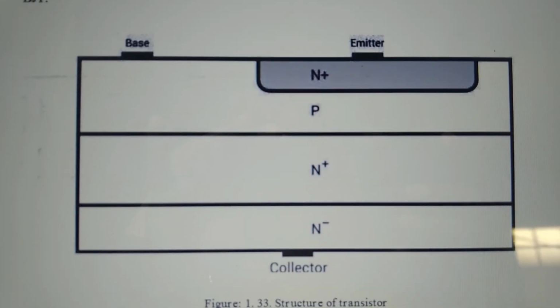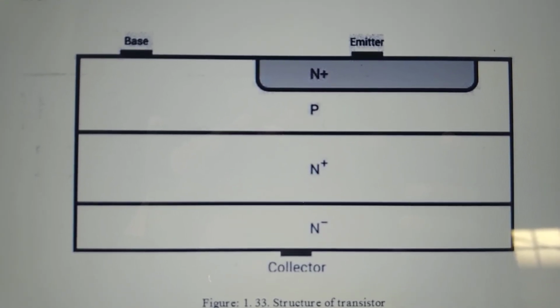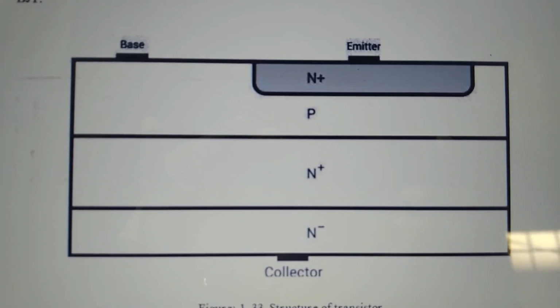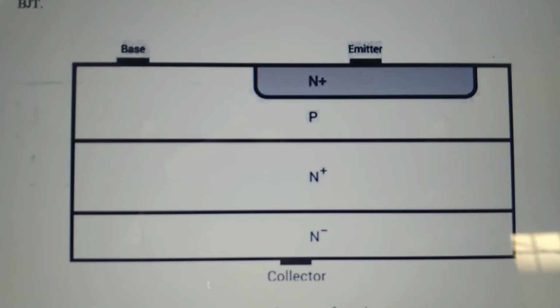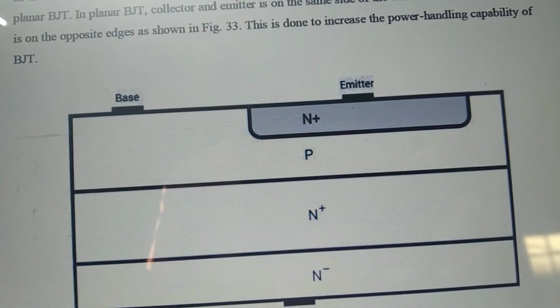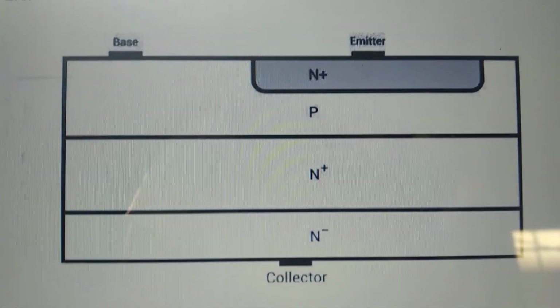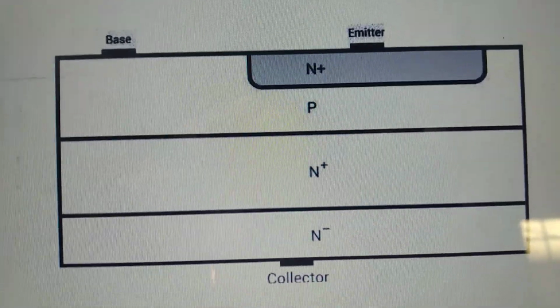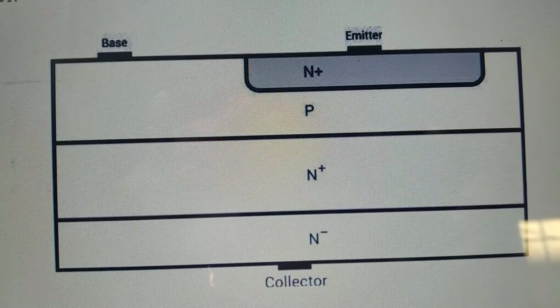So it has N minus region, that is collector drift region. This N minus region will increase the voltage blocking capacity of power BJT.